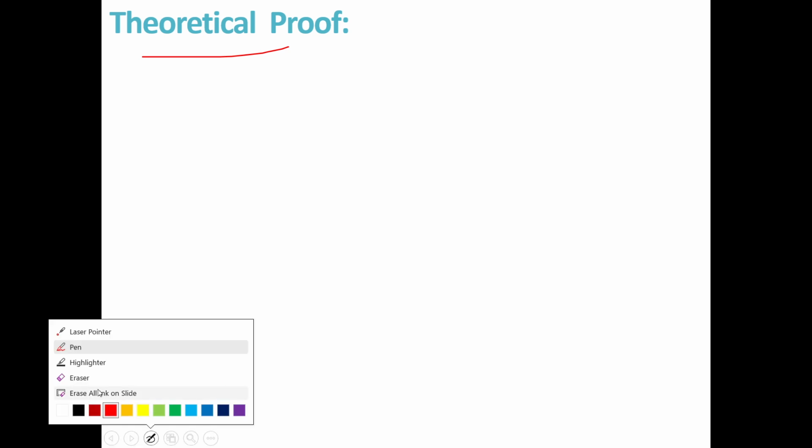After leaving 2 pages for calculations, write theoretical proof and leave at least half a page. After that, write practical proof and leave at least half a page.